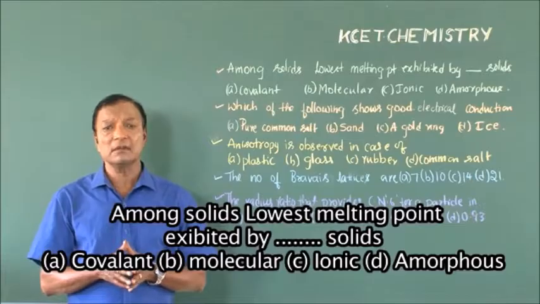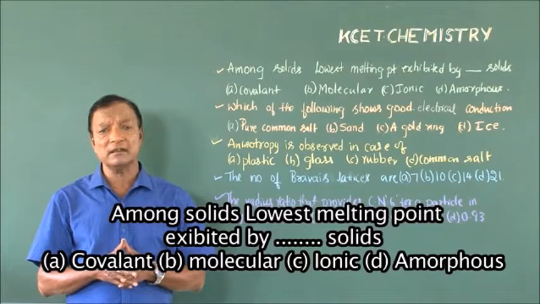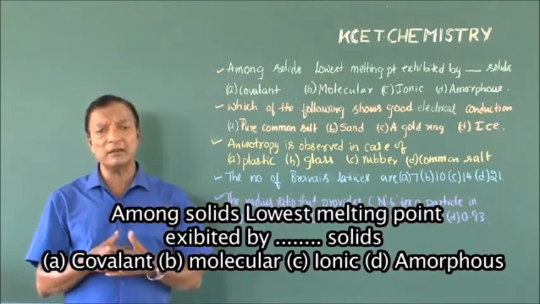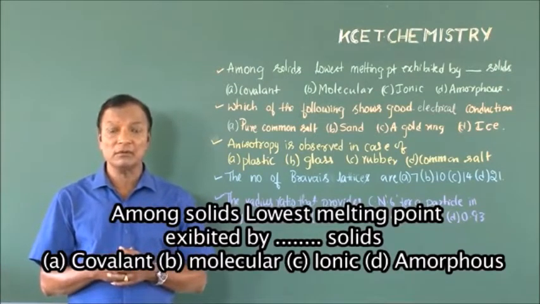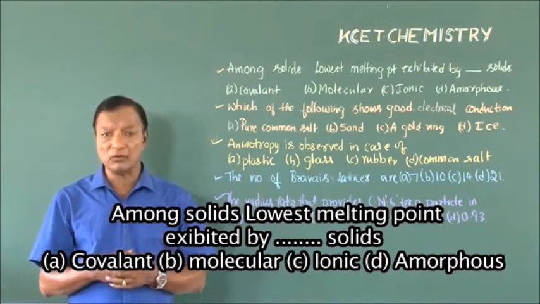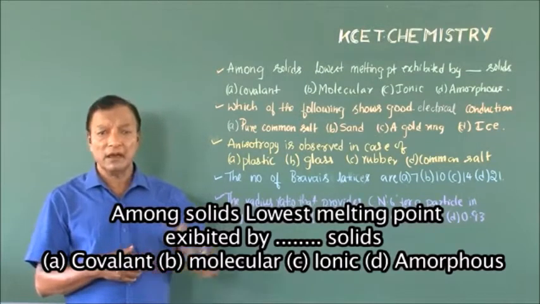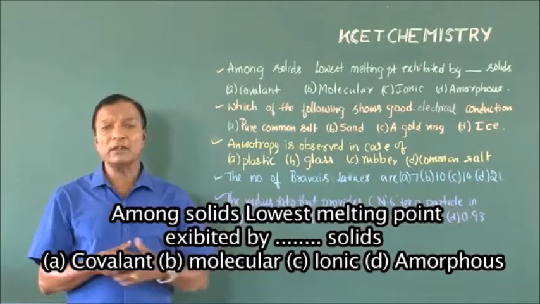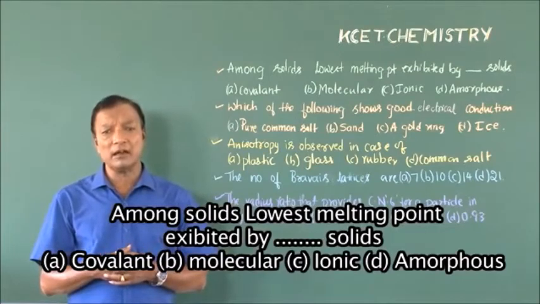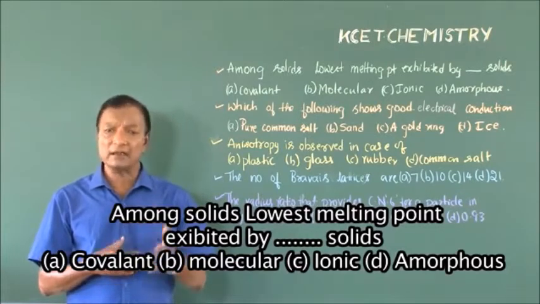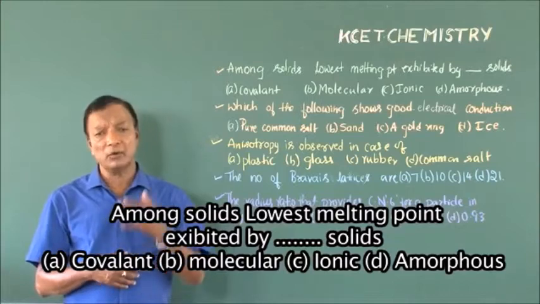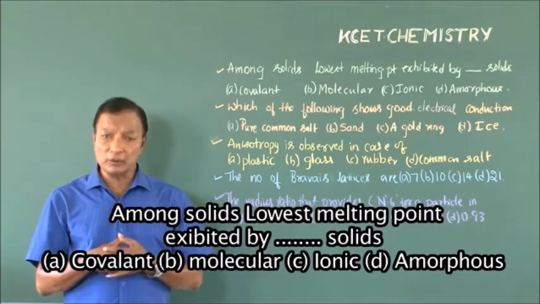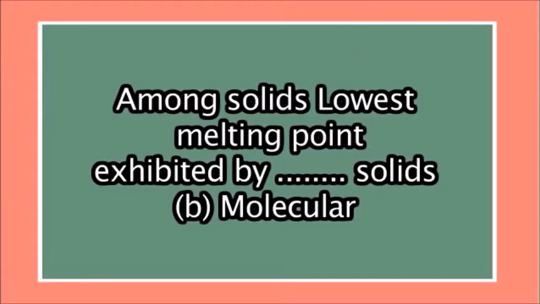Among them, the molecular crystalline solids have the lowest melting point because of the weak van der Waals forces, while the other three are with fairly strong attractive forces and carry high melting points, and the amorphous solids also have high melting points. Therefore, our correct option is the molecular crystalline solids, that is B.